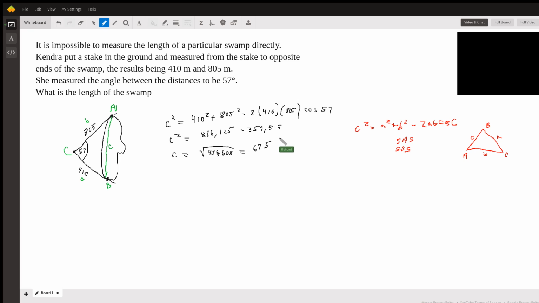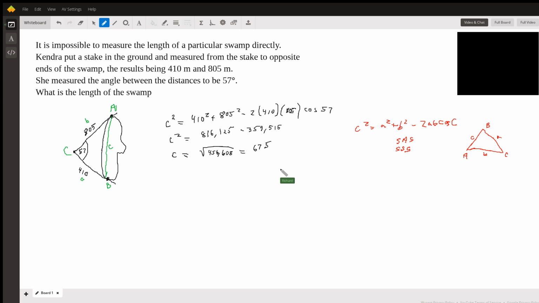We would have to draw the diagram to scale. This would have to be really 57. This looks like it's a little bit bigger than 57, and then this would have to be roughly exactly twice the length of that one. So this one looks a little short, but basically we're in the ballpark. So that's the way to do this one.